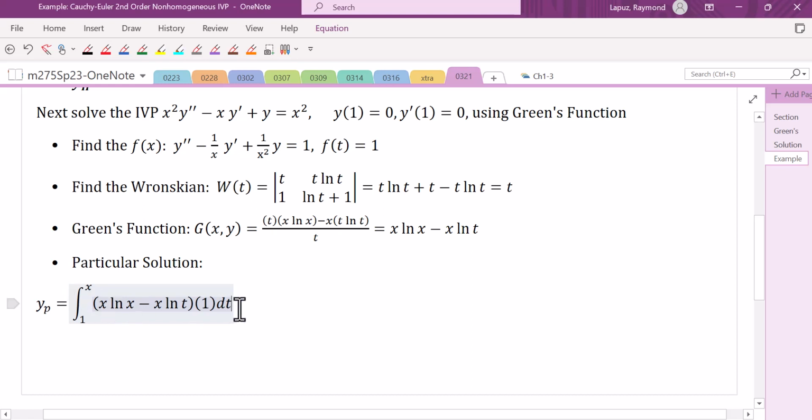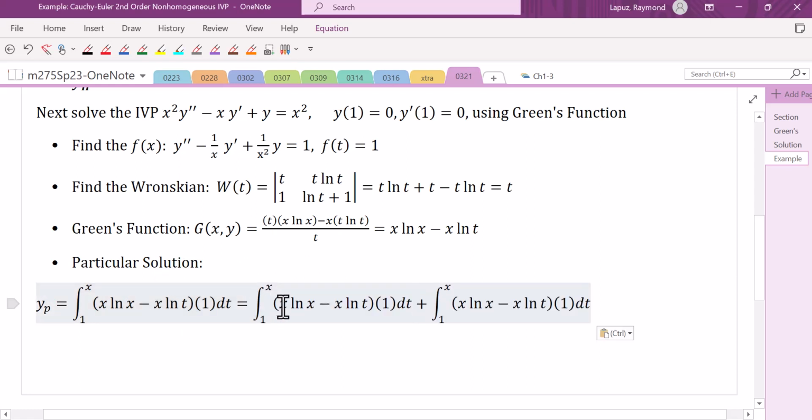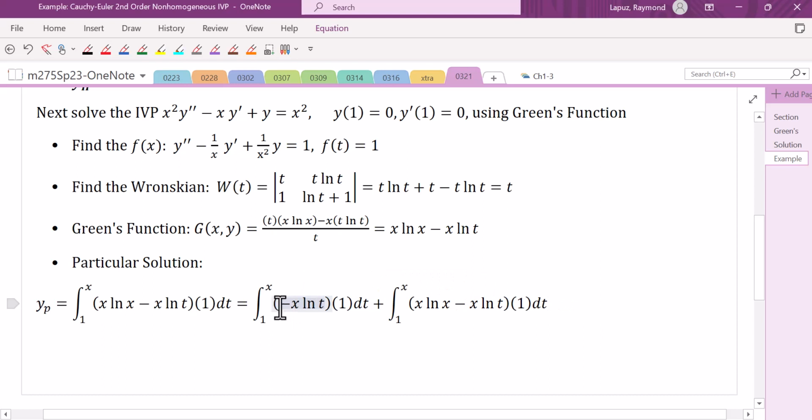All right, so this is what we're working with. And let's see, if we integrate this with respect to t, that's just going to be t. It might be worth splitting up the integral, so let's split up the integral. So let me do this in a clunky way by copying and pasting. The first integral is just going to be this, and then the 1 doesn't make sense anymore.